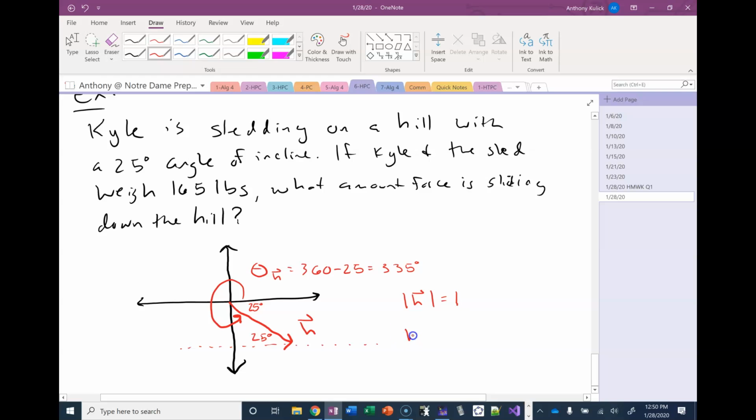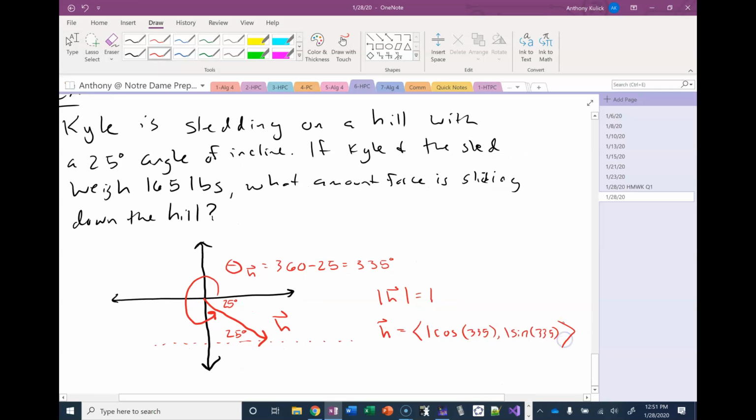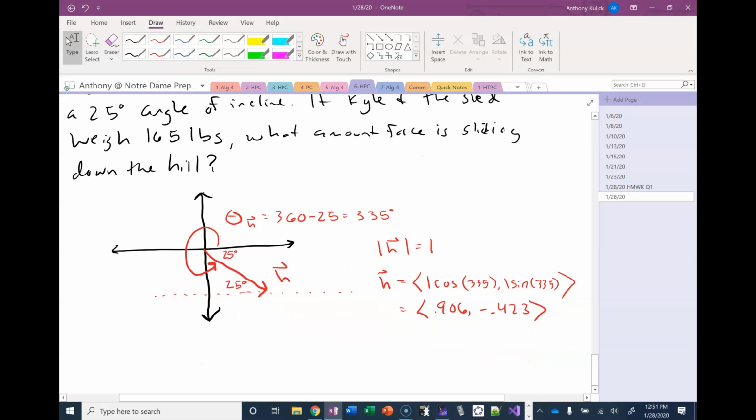So now, since I have the magnitude and direction for this vector, I can write it in component form, just like we would have done on the homework quiz. Okay, everybody's good there?